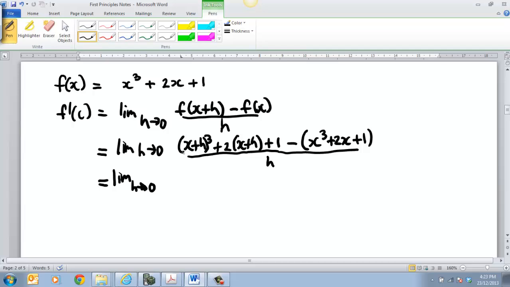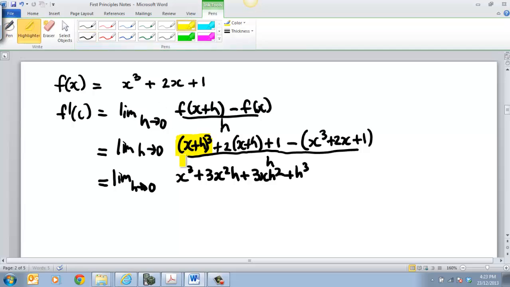Let's treat this first term as a calculation. That's x cubed plus 3x squared h plus 3x h squared plus h cubed. That's that first term.